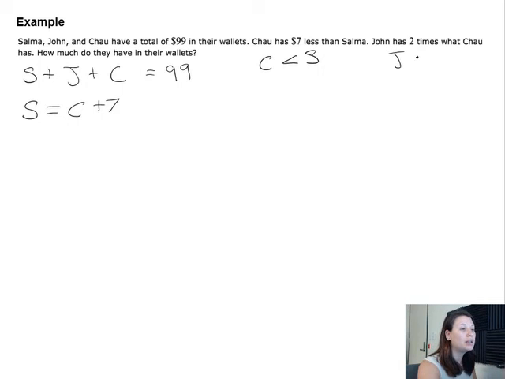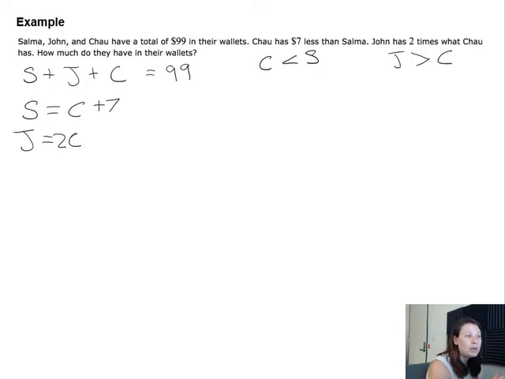So again, John is more than Chow's amount, right? 2 times as much. So that means if we want them equal, we need to make John smaller or Chow's bigger, right? So John is equal to Chow times 2, because it's 2 times as much.